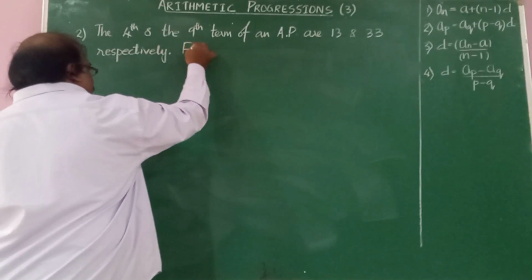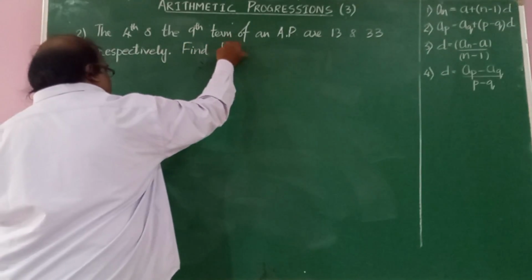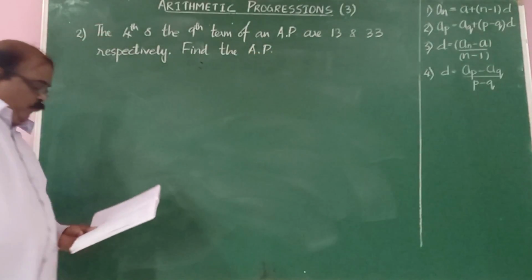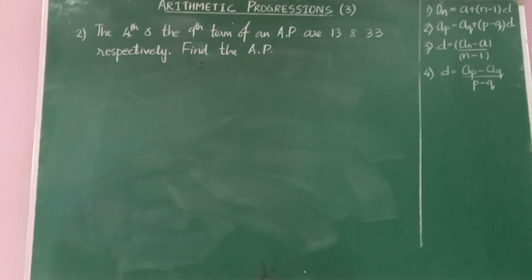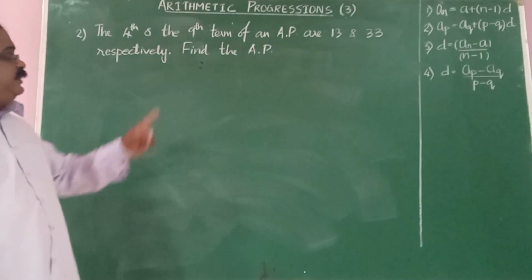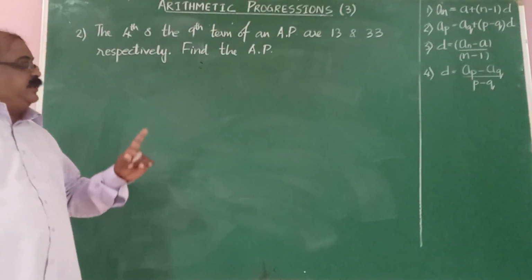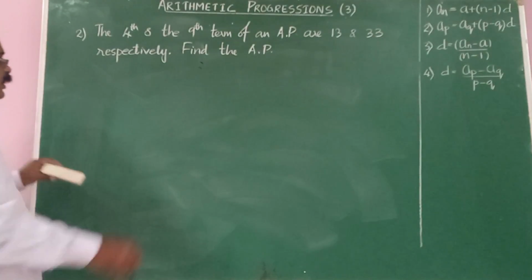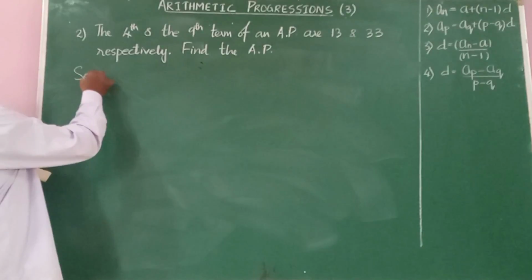Find the arithmetic progression. What is given to you in the sum? The fourth and the ninth term of an arithmetic progression are 13 and 33 respectively. You are asked to find the arithmetic progression.